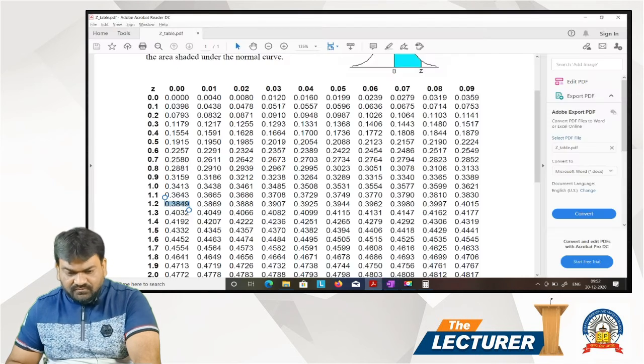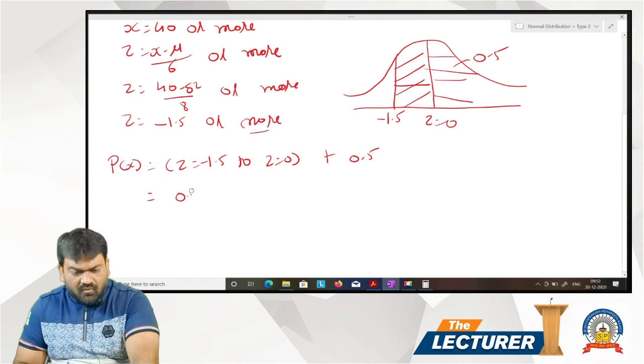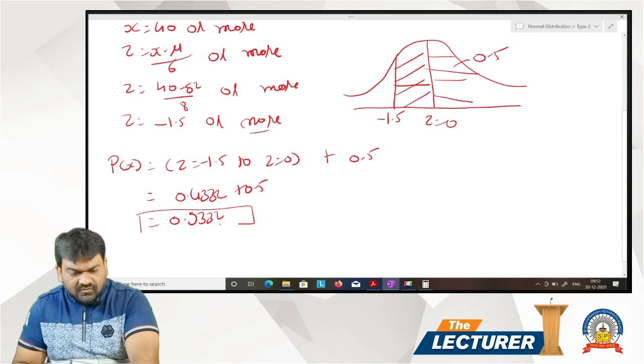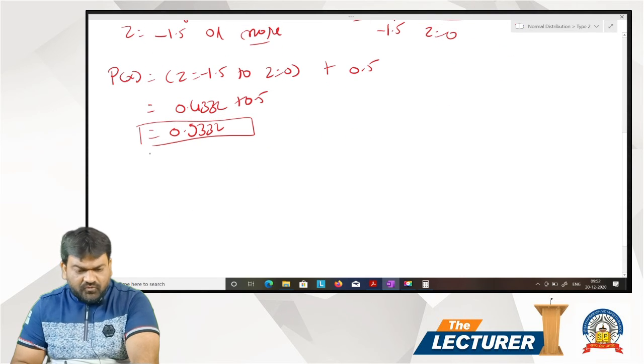From the table, 1.5 gives 0.4332. 0.4332 plus 0.5 is 0.9332. We have to find out the number of students.